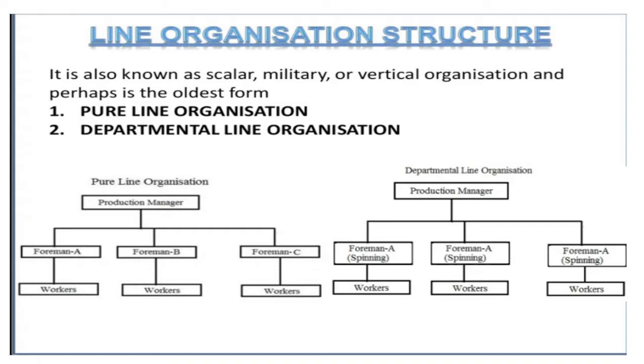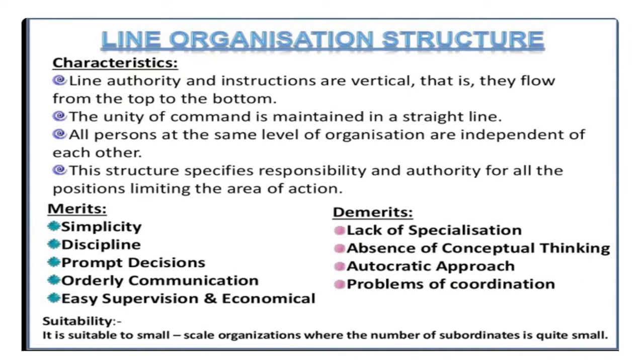Worker passes feedback to foreman, foreman will pass the feedback to the production manager, to the general manager. Okay, this is vertical. Line and authority are vertical, and the flow is from top to bottom, either instructions from top to bottom, or the feedback from bottom to top.